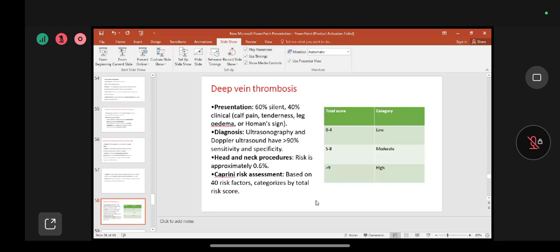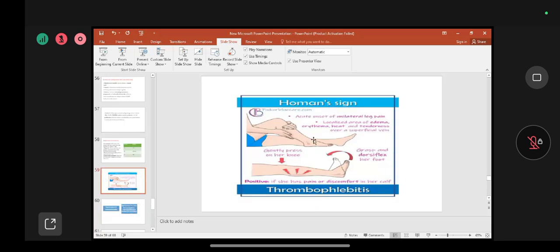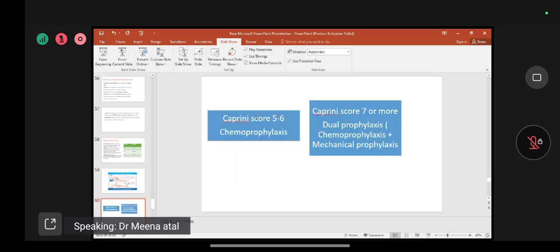In the low category there is a 0 to 4 total score, moderate 5 to 8, and high greater than 9. What is Homan sign? Homan sign is pain and tenderness around the calf muscle when the patient dorsiflexes the foot. If the Caprini score is 5 to 6, then we use only chemoprophylaxis.